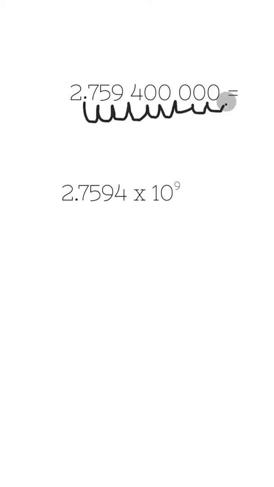Remember, the goal is to get to a number between 1 and 10. So I ended up with 2.7594 times 10 to the 9th because I moved my decimal point 9 times over until I got to a number between 1 and 10, which was 2.7. Again, this is called scientific notation.